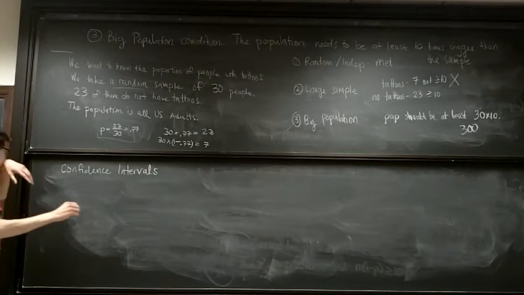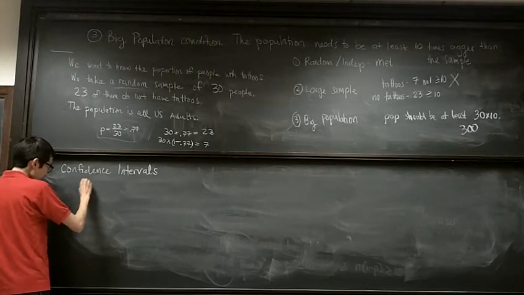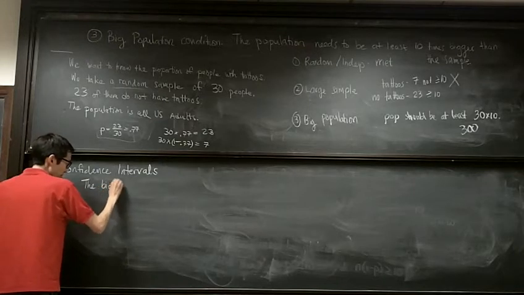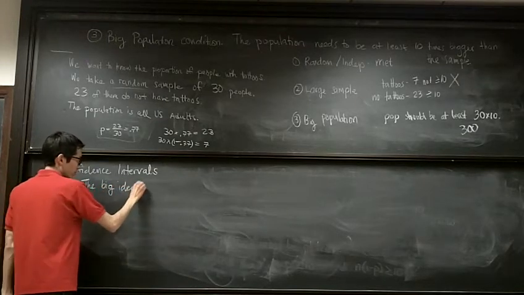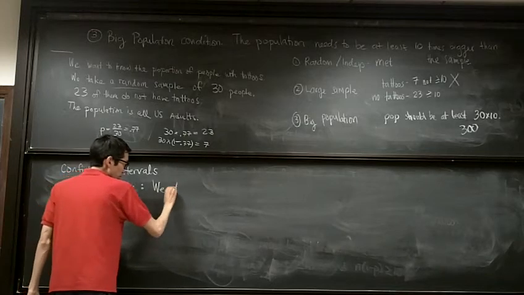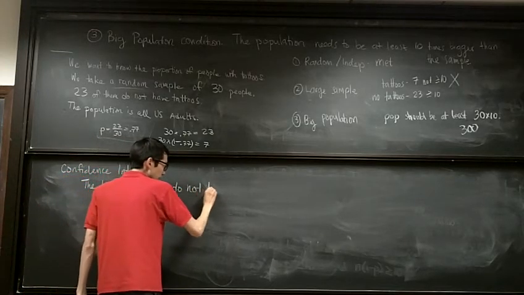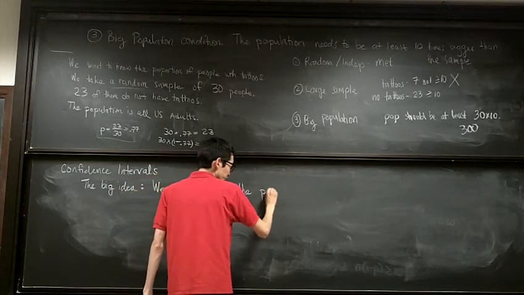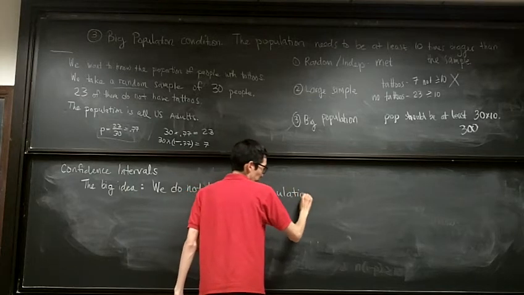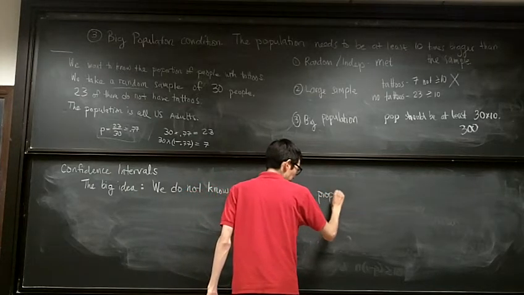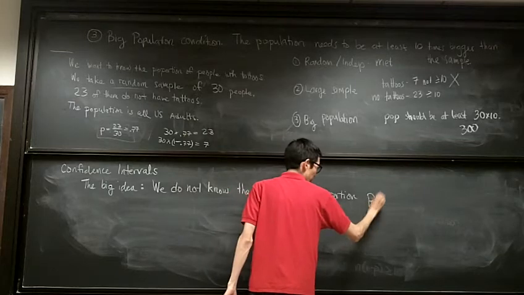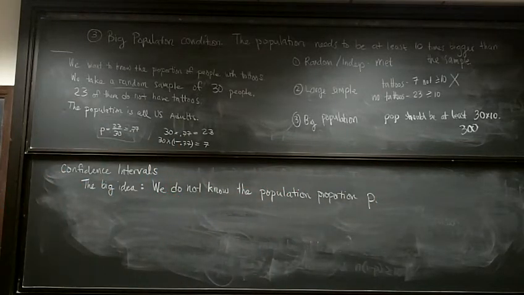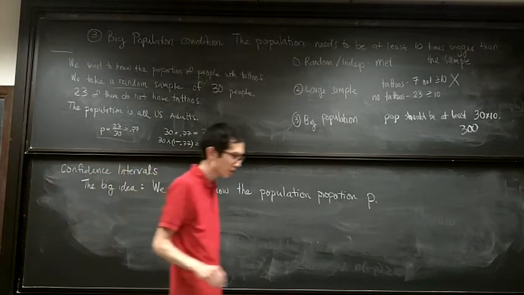Okay, so confidence interval. Here's the big idea. We do not know the population proportion P. And we can't afford to figure out the true value of P right now.